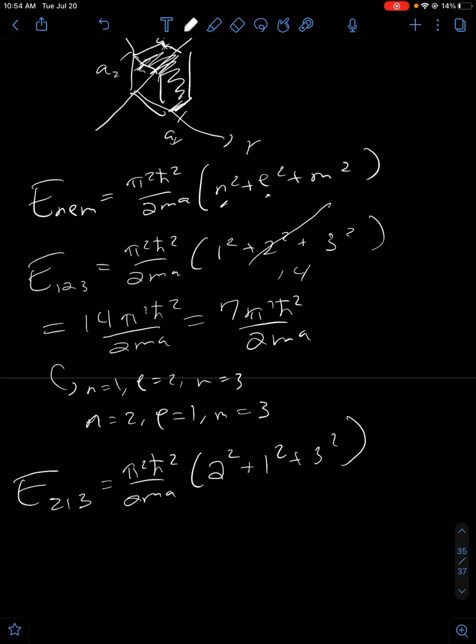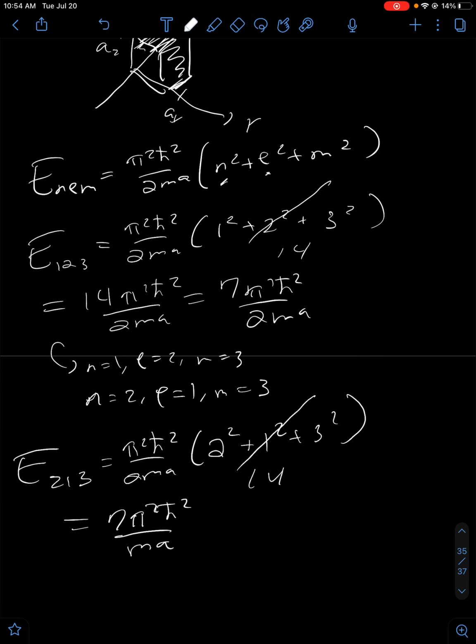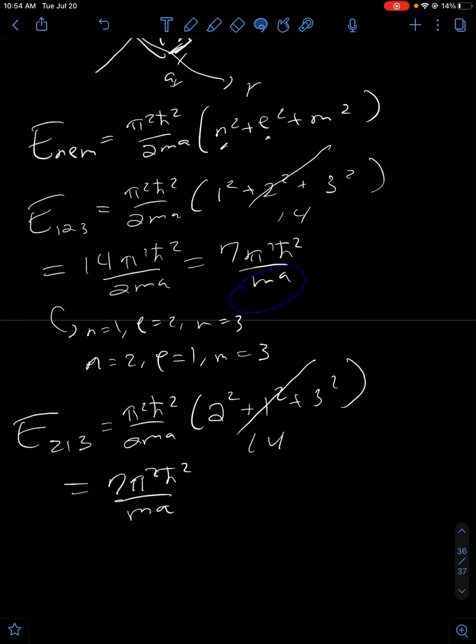That's just 4 plus 1 plus 9, which is just 14. And we get 7π² ħ² over ma². Sorry, this should be over ma², not over 2ma². So this is pretty cool, right? We flopped our quantum numbers around and we obtained the exact same energy.